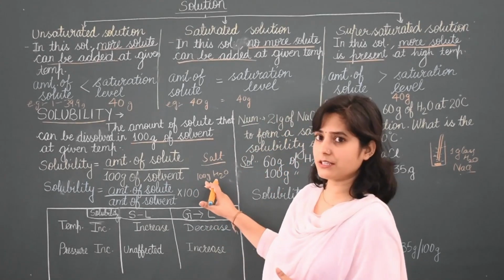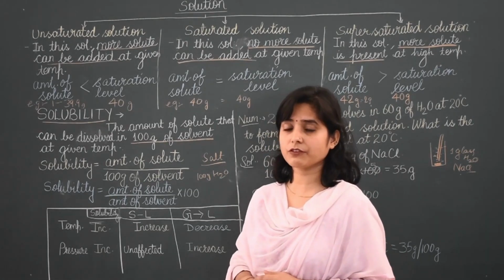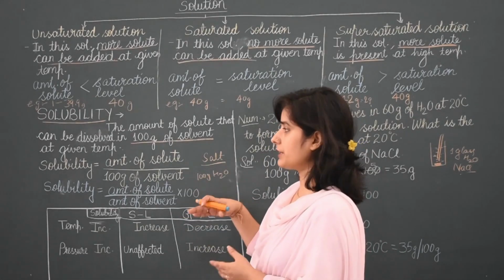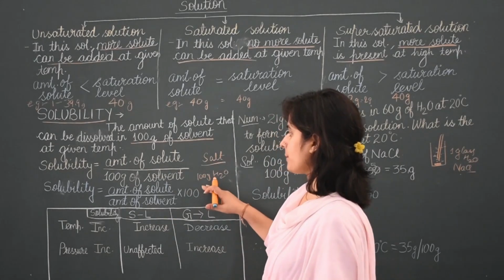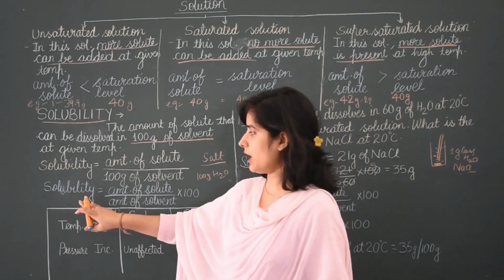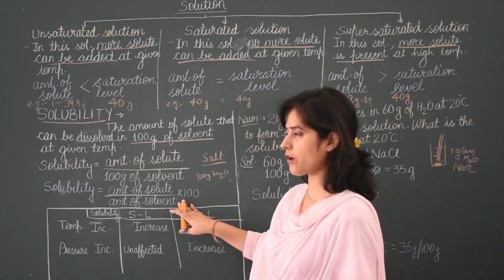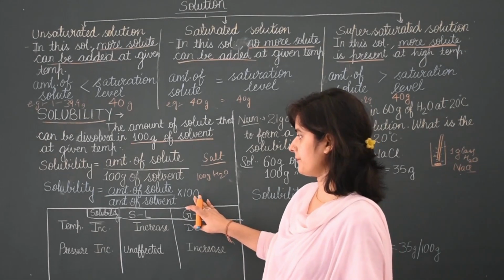When we do it practically, it is not always given that the solvent is 100; the solvent can vary, it can be less or it can be more. So practically when we solve this type of numerical, there is one formula: solubility is equal to amount of solute upon amount of solvent into 100.